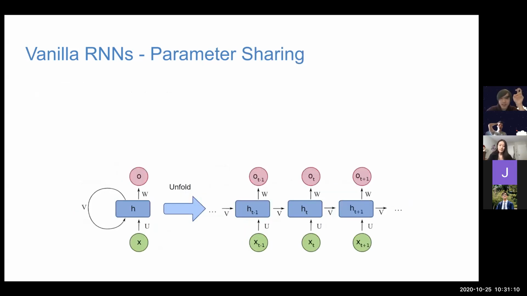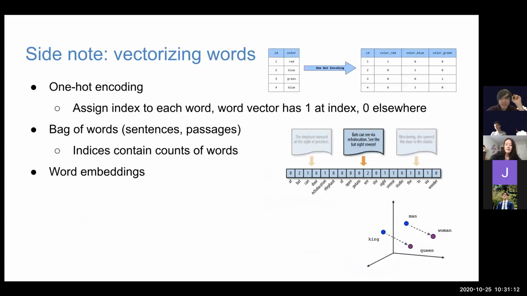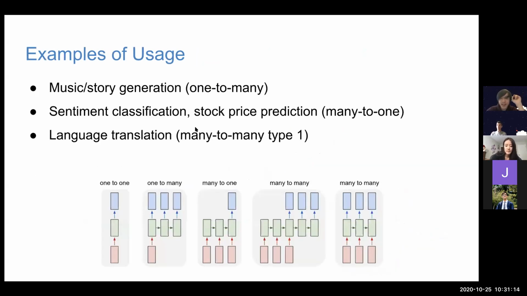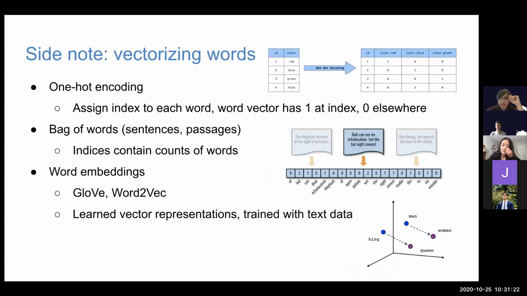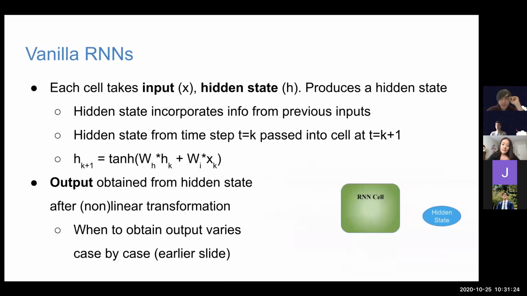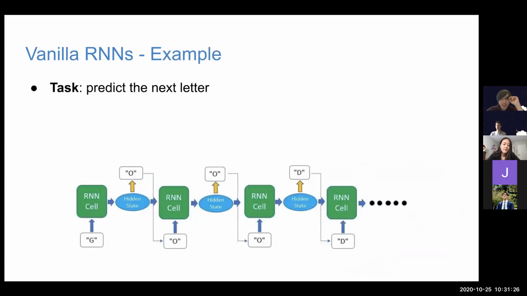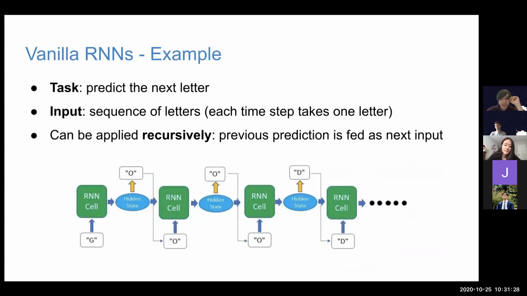If we go back a bunch of slides, many-to-many type 1, or sorry, many-to-many type 2, because at each time step you have to produce a letter for the prediction. So the input is a sequence of letters, and then the output is going to be your sequence of predictions, right?